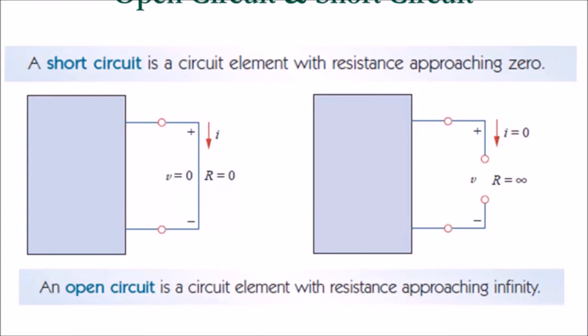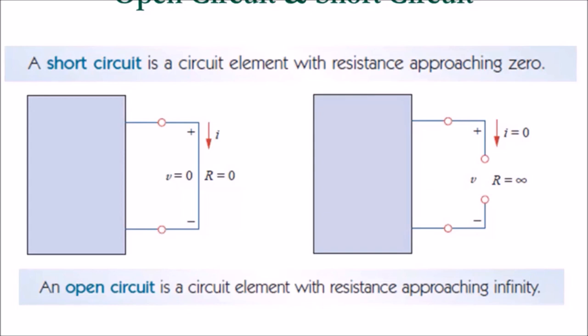A short circuit is a circuit element with resistance approaching 0. So for a short circuit, R is equal to 0. Since R is equal to 0, the voltage across a short circuit is equal to 0. So the electrical equivalent of V equal to 0 is a short circuit. Now look at the other side, that is, open circuit.